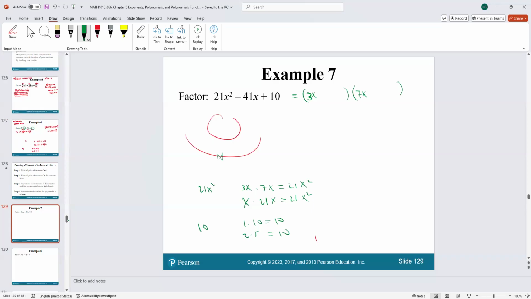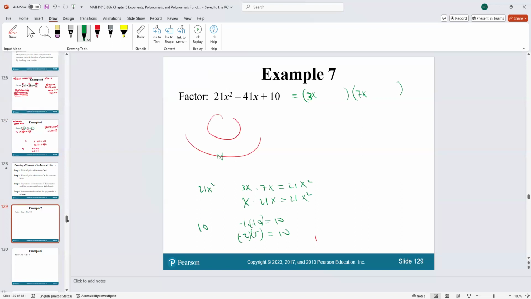Because our goal is to obtain negative 41, I realize the two numbers for 10 must be negative. So it's like I have negative 1 times negative 10, or negative 2 times negative 5, to obtain 10, because I need the middle term to be negative.